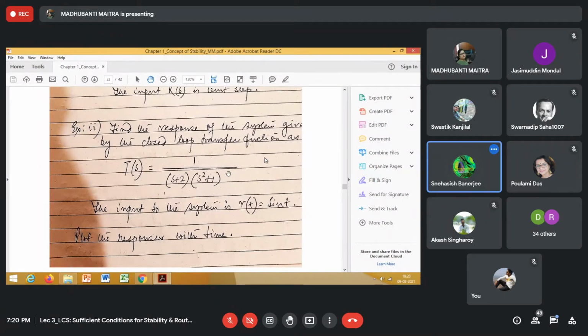Okay, madam. The system has a simple pole on the imaginary axis and the input is also having a pole at the same location on the imaginary axis.